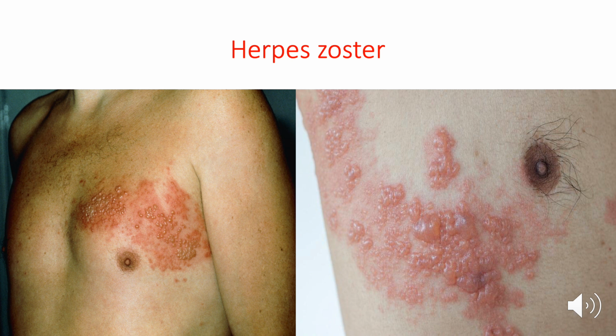They are fluid-filled and they tend to follow the distribution of the nerves involved in the spread of the virus from the dorsal root ganglion up to the skin. So if the skin lesions are in a dermatomal pattern, plus the fact that they are fluid-filled and painful, that's the time you get to diagnose the patient as having shingles or herpes zoster.